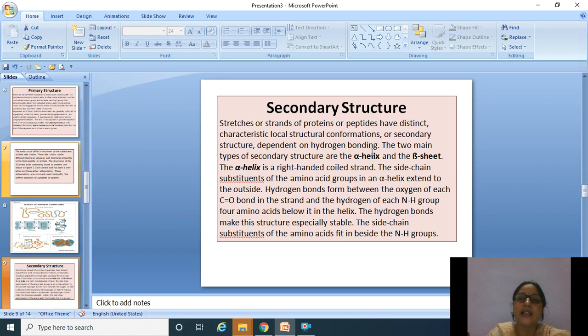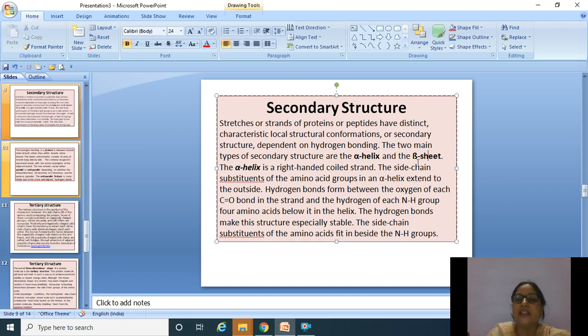It is the result of hydrogen bonding, and also of the different conformations exhibited by the polypeptide chain by its folding. The two main types of secondary structure are the alpha helical form and the beta pleated sheet form.